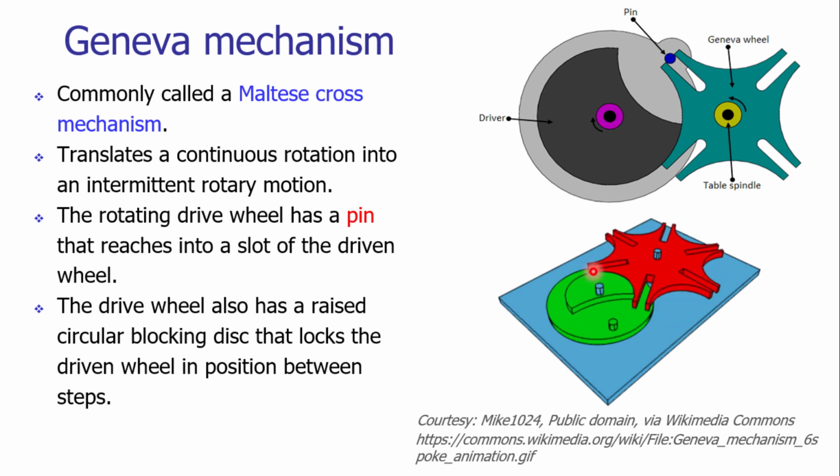The same we can see here, in this case there are 4 slots. The angle from the engagement of the pin at this point to the disengagement of the pin at this point is always less than 180 degrees.